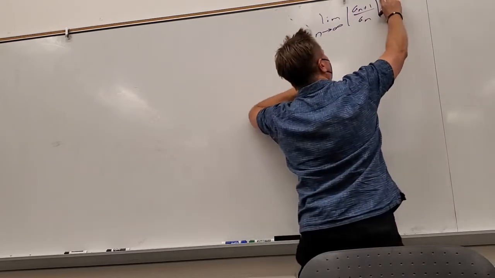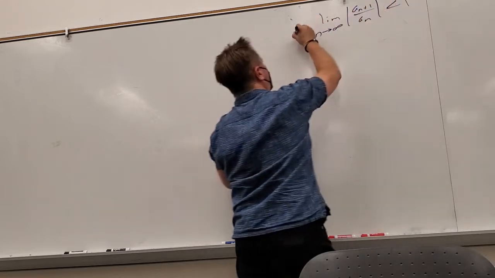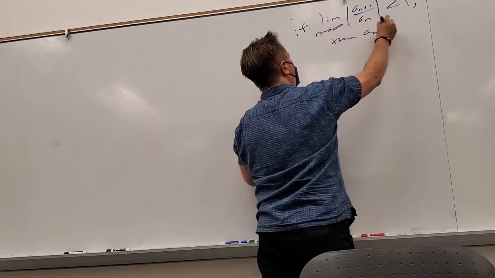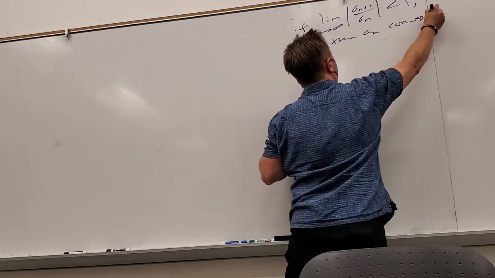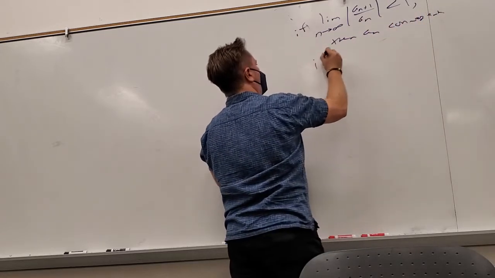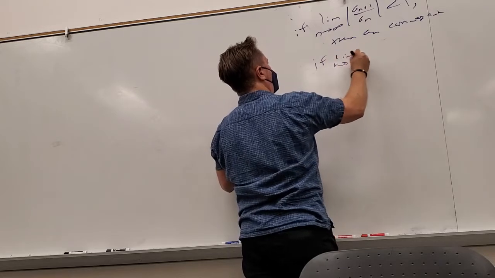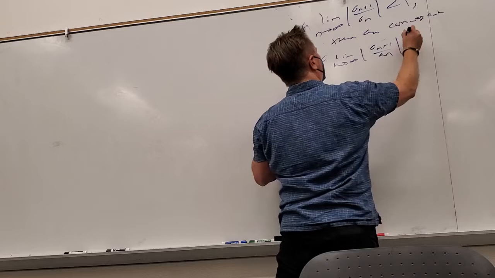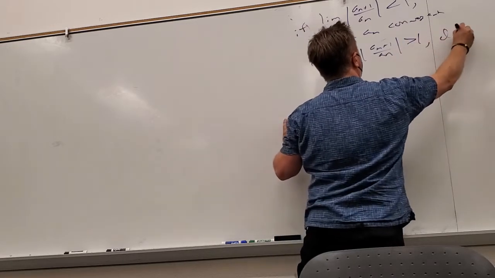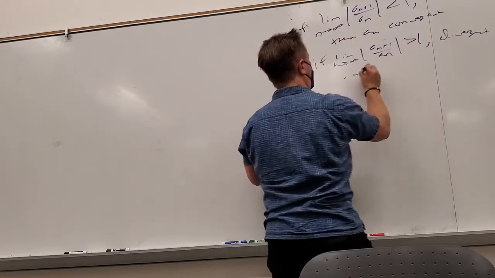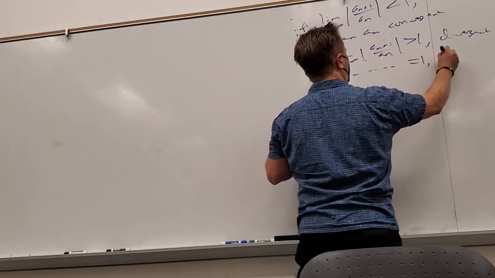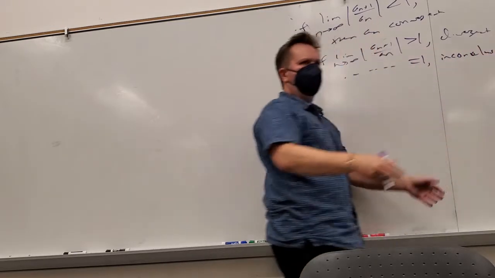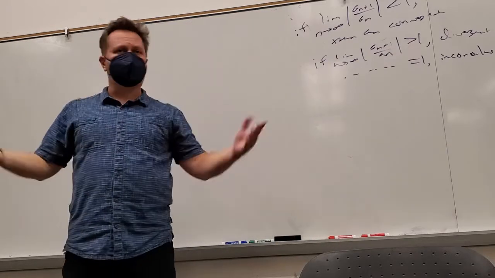So if the limit of this is less than 1, then convergent. If the limit of this is greater than 1, divergent. If it equals 1, inconclusive, and that really sucks, because that means you have to go back and use direct comparison, limit comparison, some other kind of integral test even.